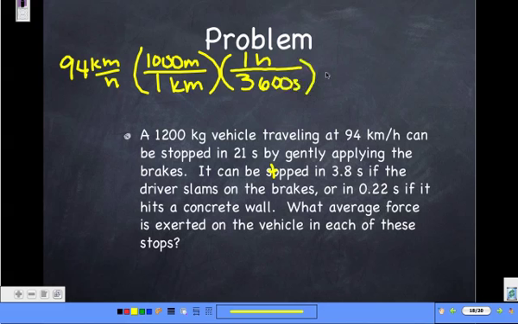Or you could go to minutes and seconds. So that's our change in speed, right? Because in all the cases we're going from that speed to 0 because it's stopping. So our change in speed is 26 meters per second.